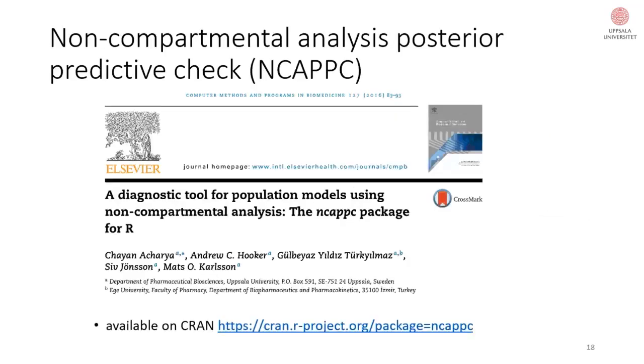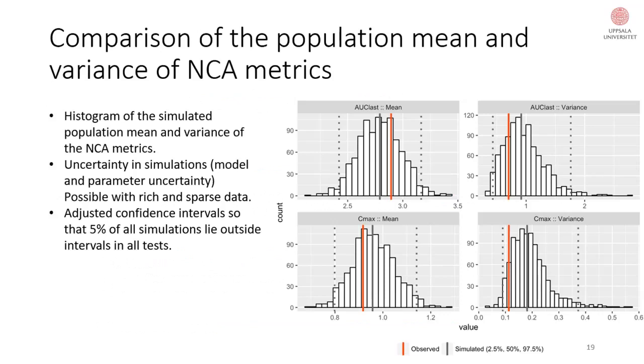What we're doing here is something called the NCAPPC, Non-compartmental Analysis Posterior Predictive Check, which is a package that's available on CRAN. And we use any model that we want to include in our bioequivalence tests, simulate out the mean AUC, mean Cmax, the variance of the Cmaxes and the variance of the AUCs.